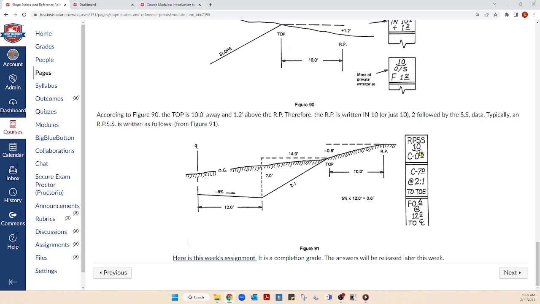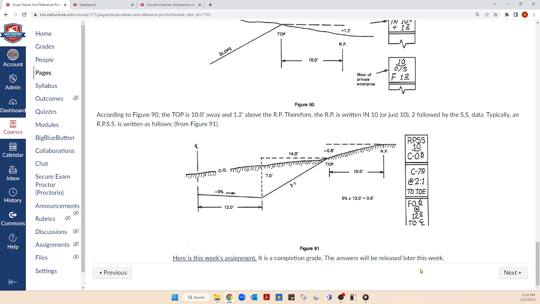I want you to set your top stake 8/10 lower than I am. Right there's the reference point. Here's your top stake for this slope, and it wants it to be 0.8 foot lower than it is.